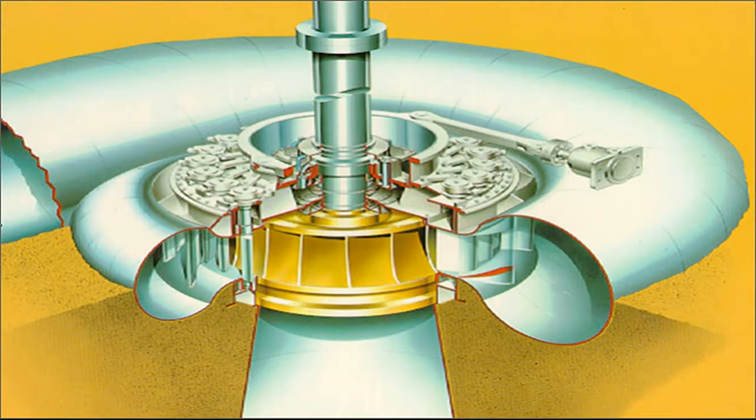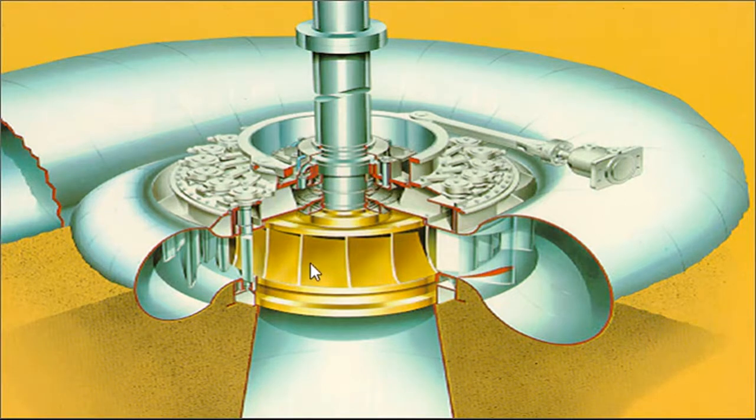This is the Francis turbine. Here you see the water enters the casing, then it enters the guide vanes. Guide vanes are fixed vanes, and the governor is connected to the guide vanes. In the case of the Pelton turbine, for governing the flow of water, we are using the spear rod assembly.